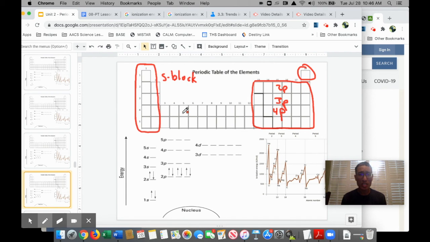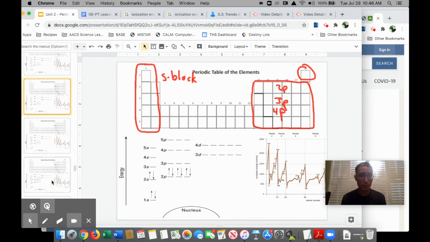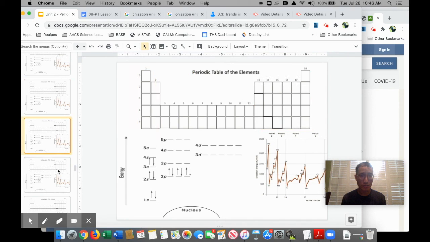As we start getting into these elements here, something a little funky happens. Remember, as we are moving down, if I fill in all these here, 1s, 2s, 2p, 3s, 3p, I'm on the 4s here, so this is 4s, and I start going into here.